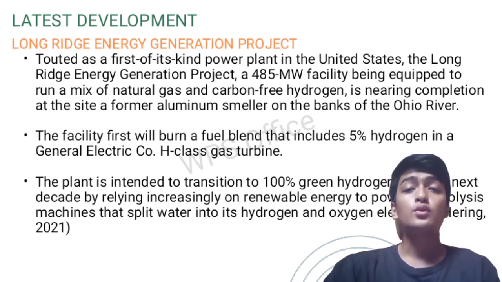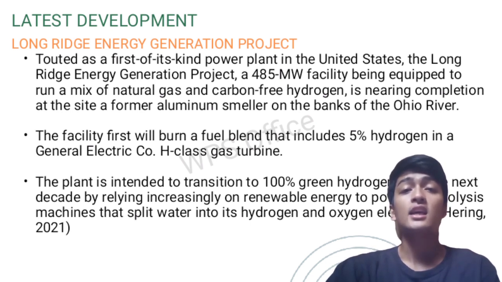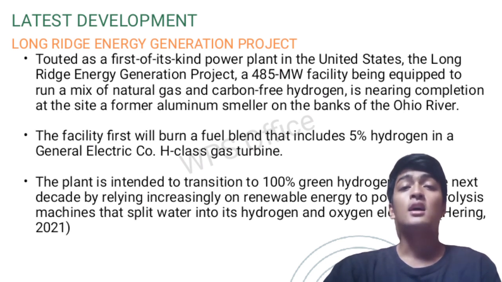The facility first will burn a fuel blend that includes 5% hydrogen in a General Electric H-class gas turbine. The plant is intended to transition to 100% green hydrogen over the next decade by relying increasingly on renewable energy to power electrolysis machines that split water into its hydrogen and oxygen elements.